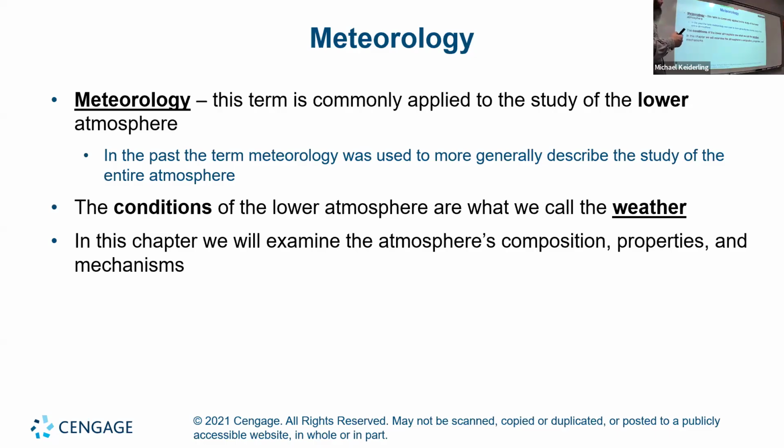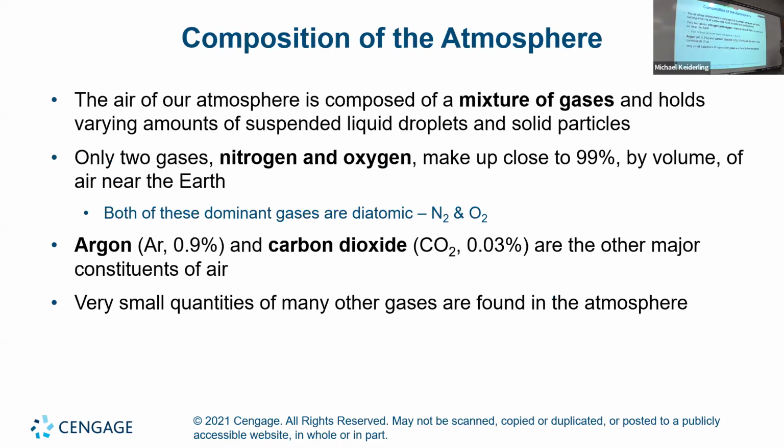And the conditions of the lower atmosphere are what we call the weather. In this chapter, we'll examine the atmosphere's composition, properties, and its mechanisms. Most of what we observe about the atmosphere is the lower atmosphere. We live in the lower atmosphere, and most of the atmosphere is in the lower atmosphere.